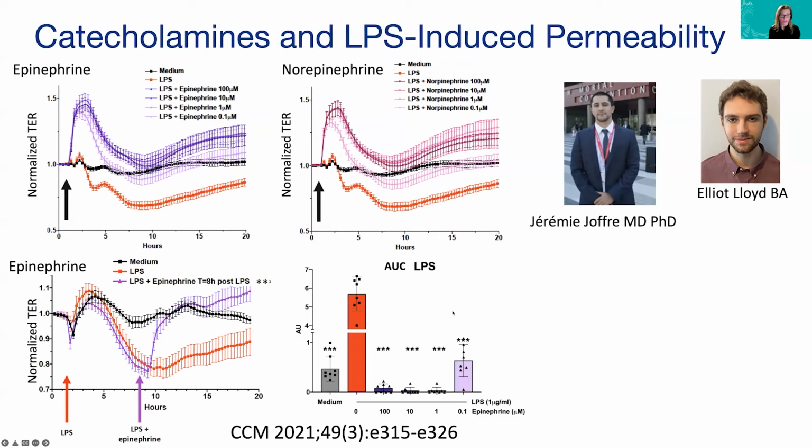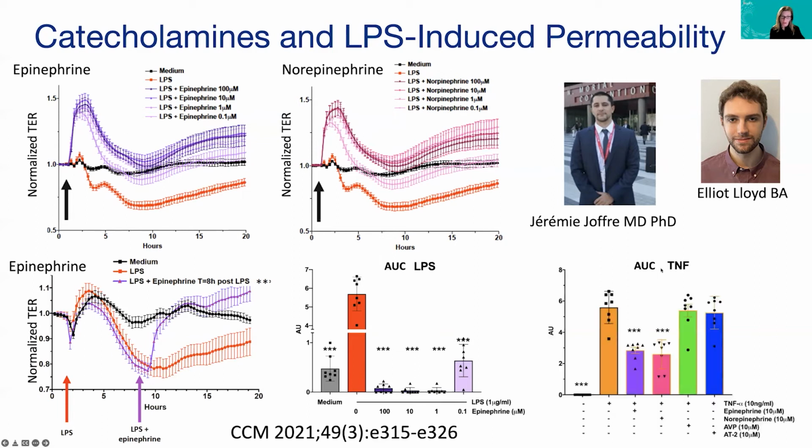This is shown with statistical analysis. These are the areas under the curves for LPS and epinephrine treated endothelial monolayers. He also found that norepinephrine and epinephrine reduce TNF-induced endothelial permeability.